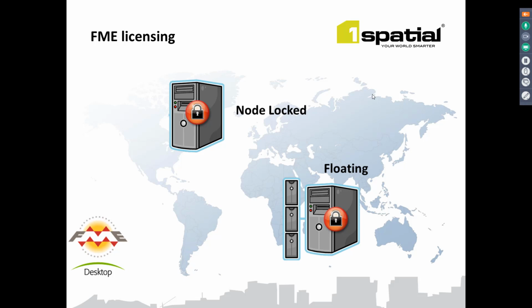So in this scenario, you could have FME software installed on multiple machines, so everyone in the team, and then the license is shared between them, so that when one user starts FME, they effectively grab the license from the license server and they can use it. And that's using FlexLM as a software tool as a license server, and you may already be familiar with that from some other softwares.